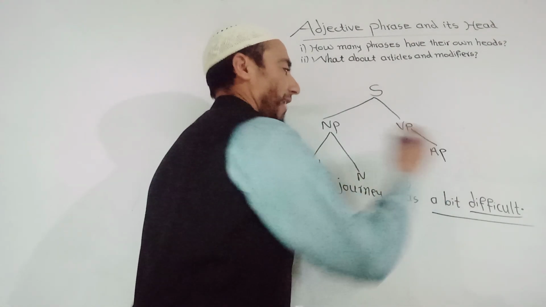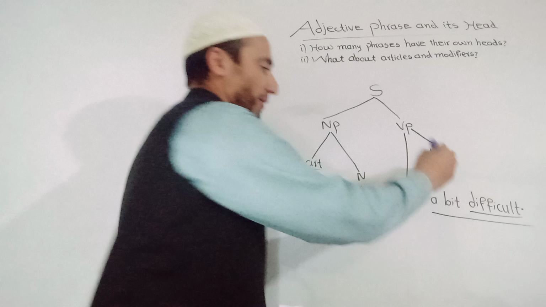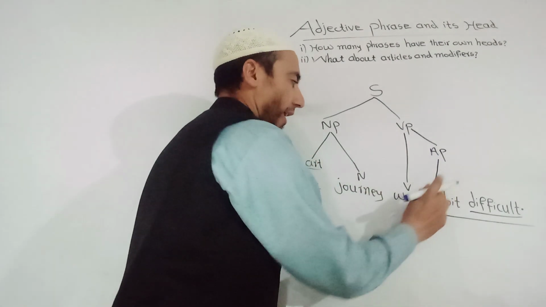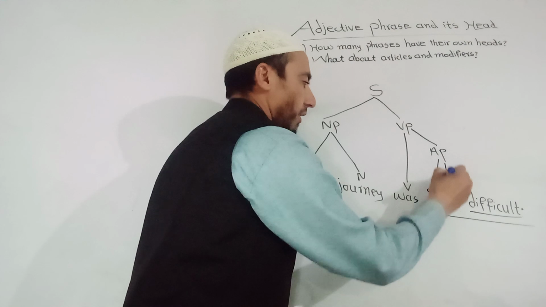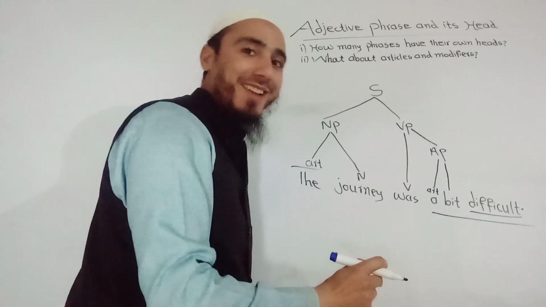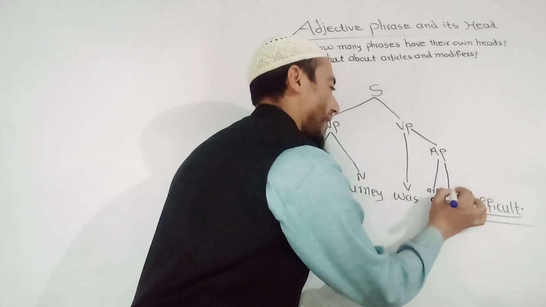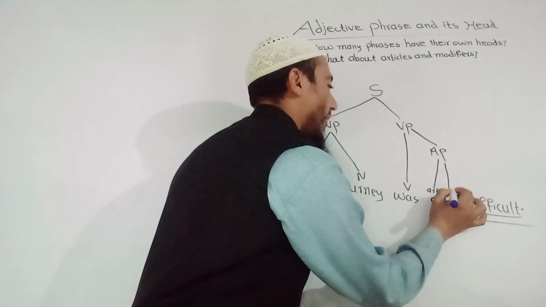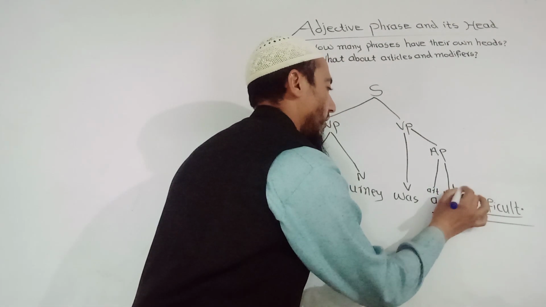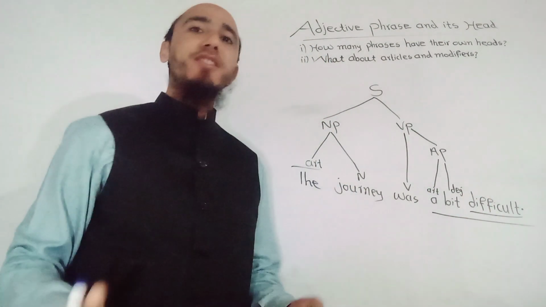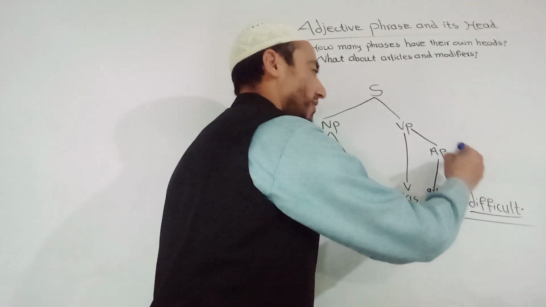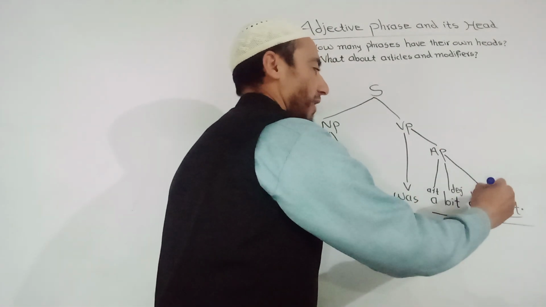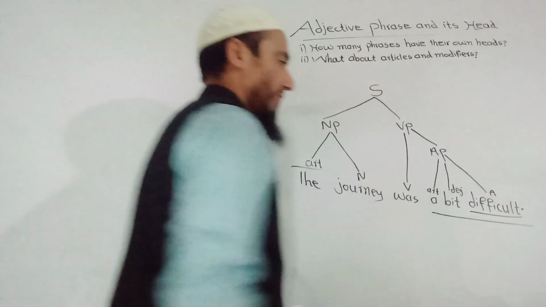AP means adjective phrase. So now a, that is article, ART. Bit, that is degree modifier, so I'm writing DEG, which means degree modifier. And what about difficult? Adjective. So I'm just writing A for it.